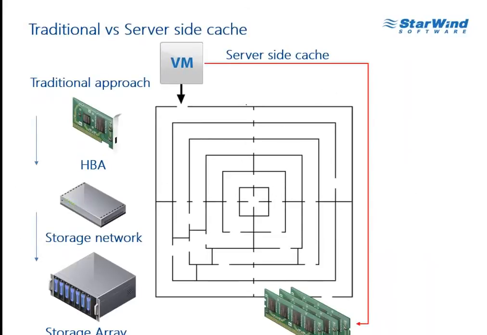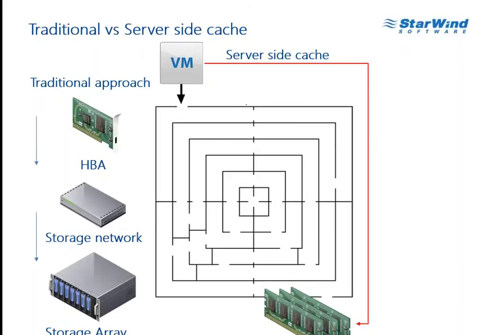Now, the idea behind server-side cache is to simplify our I/O path. As Chris told, we want our cache to be close to our applications, and StarWind's idea is exactly that. We don't need to go a long path like you see on the left, with the HBA transmitting your I/O to the storage network, then to the storage array where it is eventually cached, because it looks like the maze in the center of the screen.